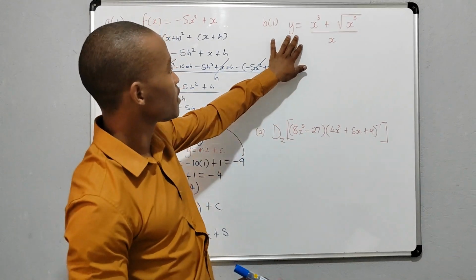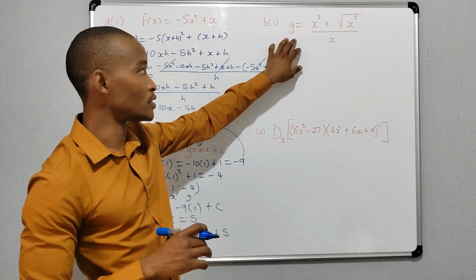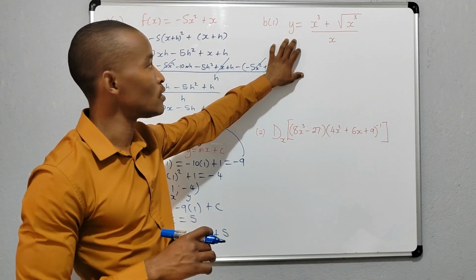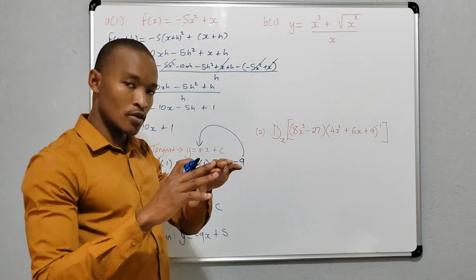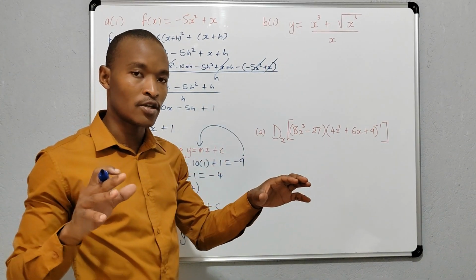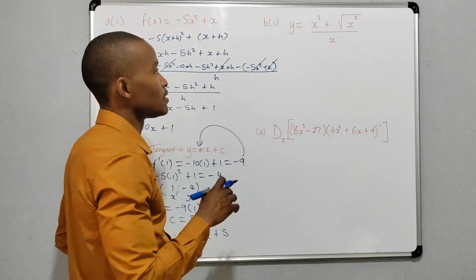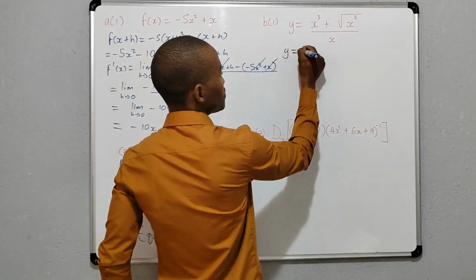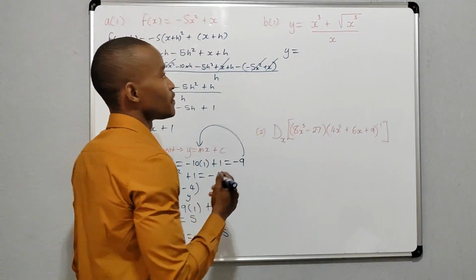So we are asked here in B1 to get dy over dx of this function here. So whenever we have fractions, usually the standard procedure there is to split, simplify, and get an expression that has eliminated the fractions so that it's simpler to differentiate.